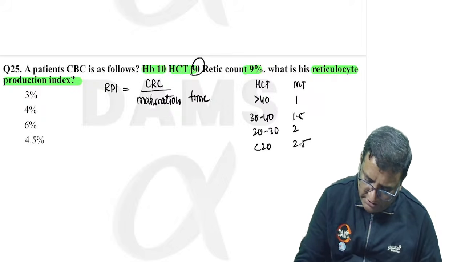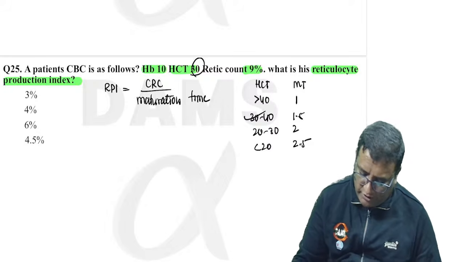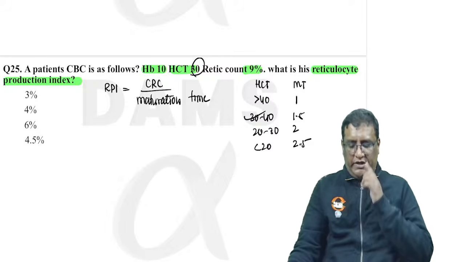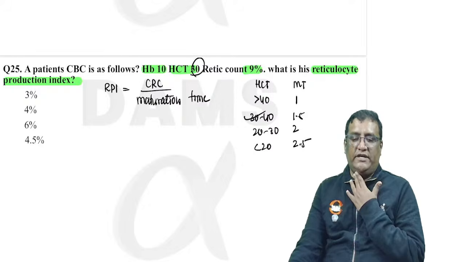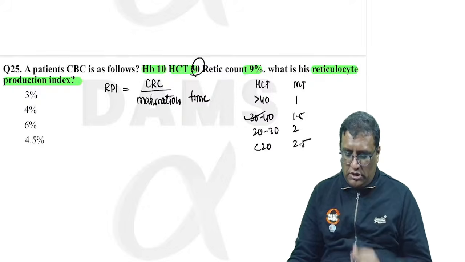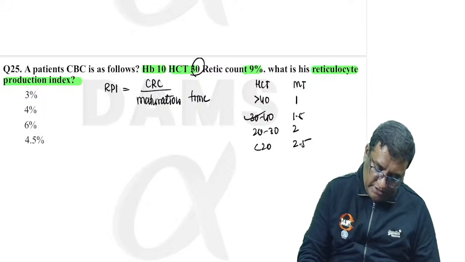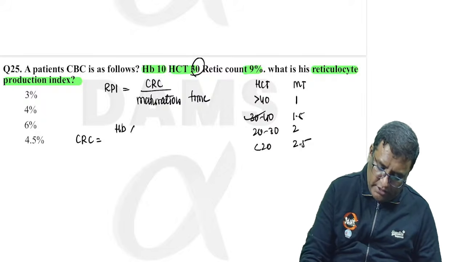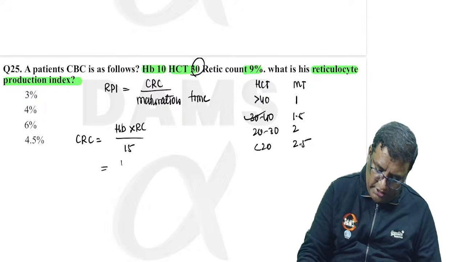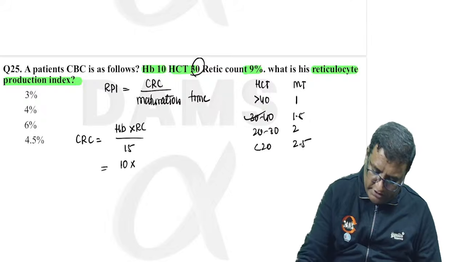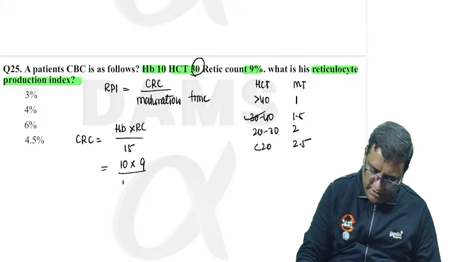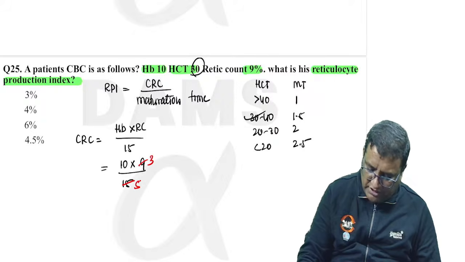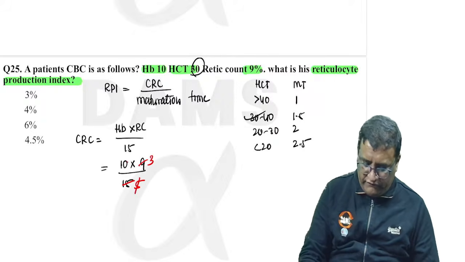In this case, hematocrit is 30, so the maturation time will be 1.5. But what is CRC? Now let us calculate CRC. CRC is equal to the patient's hemoglobin times the retic count divided by 15. The patient's hemoglobin is 10, times the retic count, which is 9%, divided by 15. If I divide, 3 3s are 9, 3 5s are 15, 5 2s are 10.